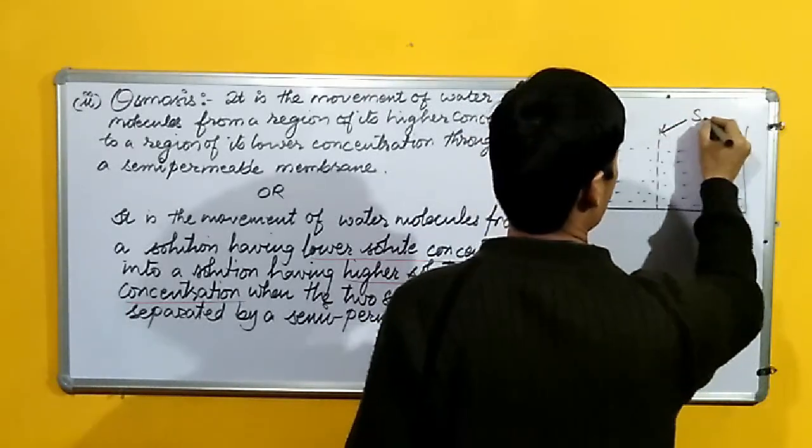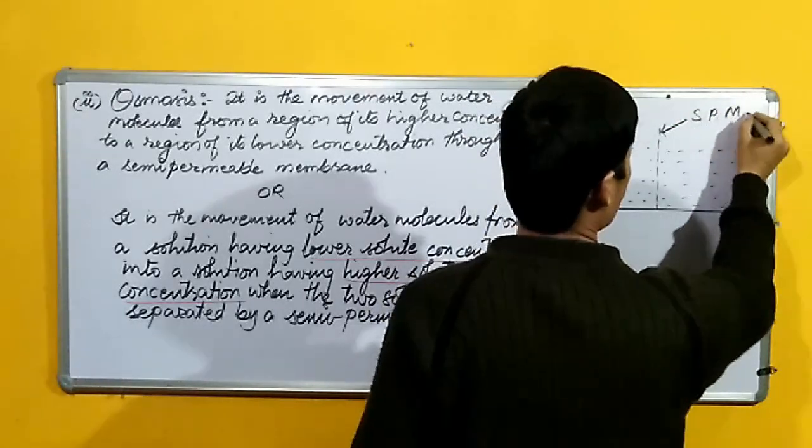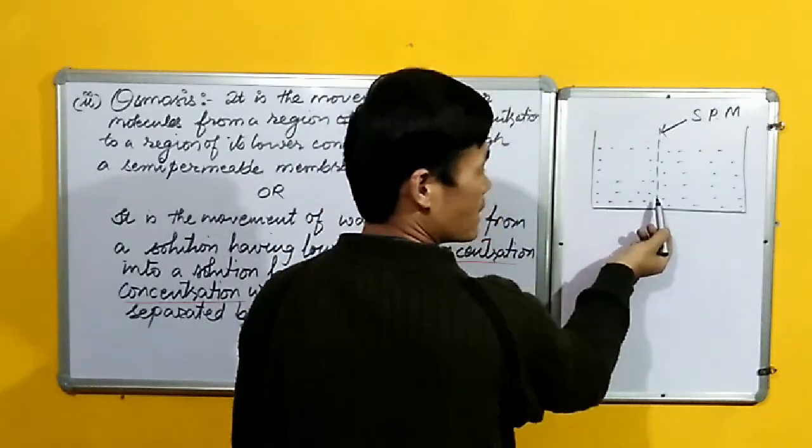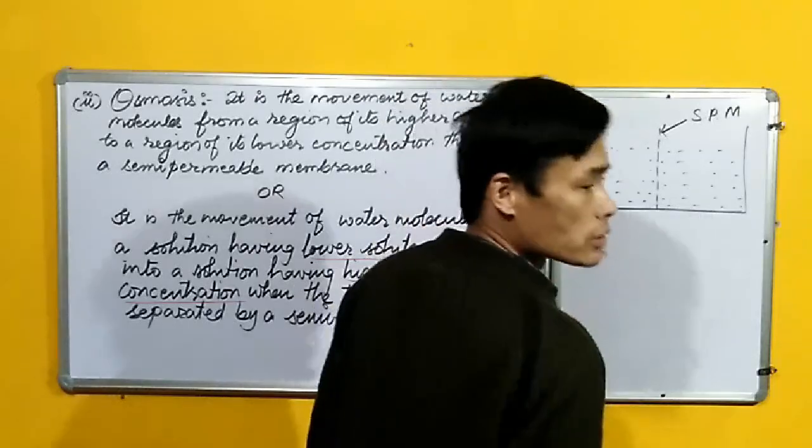So this one is a semi-permeable membrane in this container, and this semi-permeable membrane is separating two solutions.